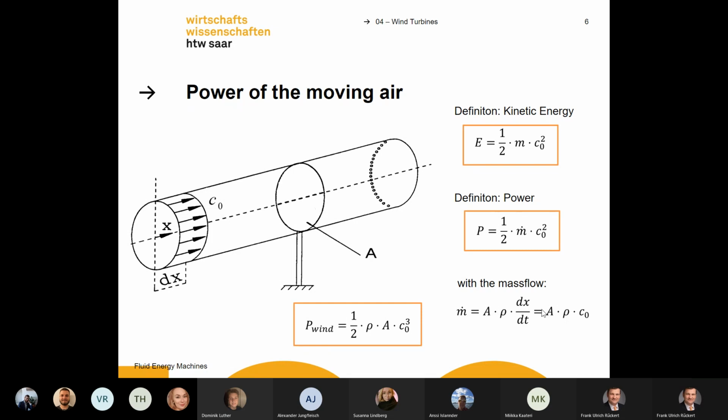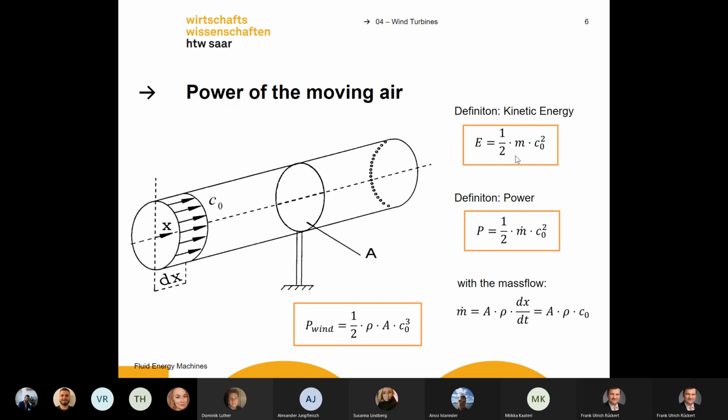And another really important formula is the power. Power is very much the same as the energy, but it's derived with respect to time. And you can also calculate the mass flow. And I always tell you that you should prepare a formula sheet for yourself.